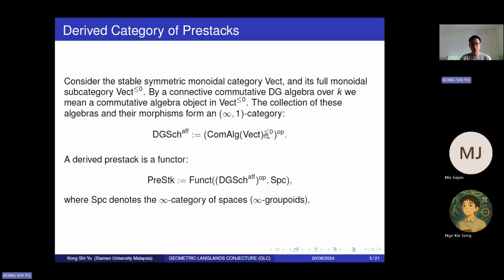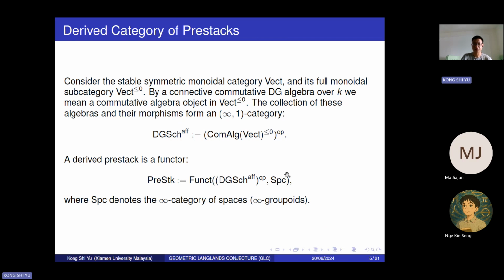So what is our main target, which is our derived prestack? Our derived prestack is actually a functor, meaning we consider all the collections of functors between these two spaces.